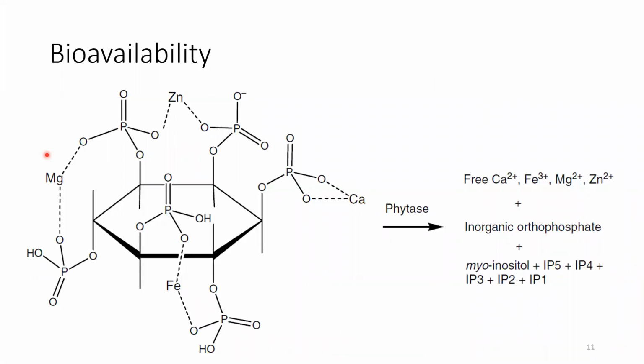The chelate that we form here is insoluble and decreases bioavailability. So you kind of have to remember which ones are going to be soluble, which ones aren't. But really in this class, there's just 2 that aren't, and that would be phytic acid and oxalic acid. So both of those 2 form insoluble chelates and decrease bioavailability.